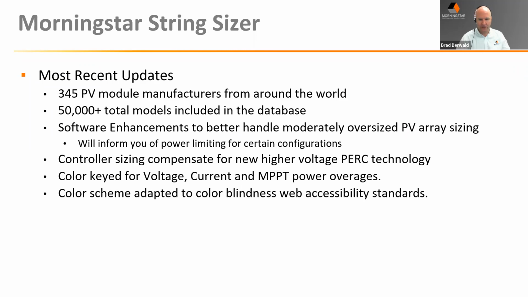Additional things I wanted to touch on: Morningstar String Sizer goes right along with this, the sizing data. You've got to get your battery size correctly, but most importantly, your solar controller, you've got to make sure you've got the right array configuration. And we've done our best to continue to enhance the power capabilities of our controllers to increase the maximum voltage, as you can see with 120 volts on our ProStars, 150 on the TriStar, 600 volts, which is a bit unique in the industry, with our TriStar MPPT 600.